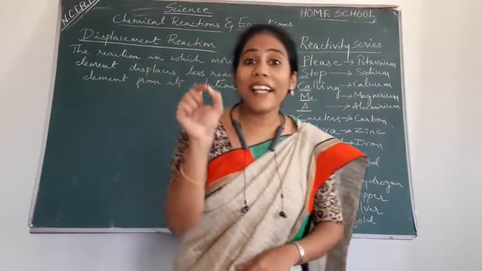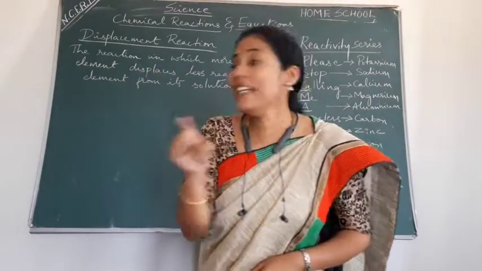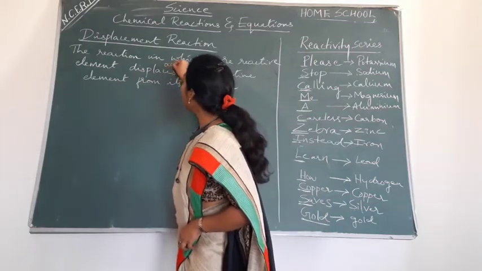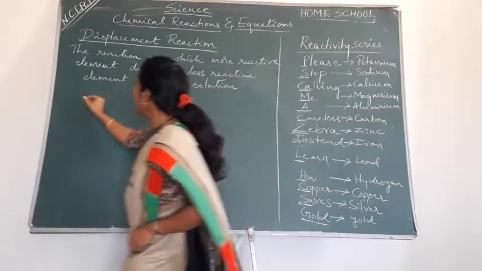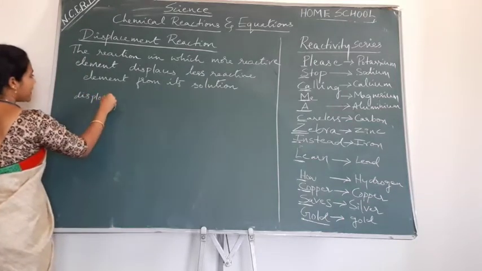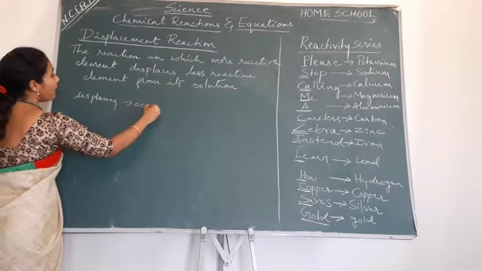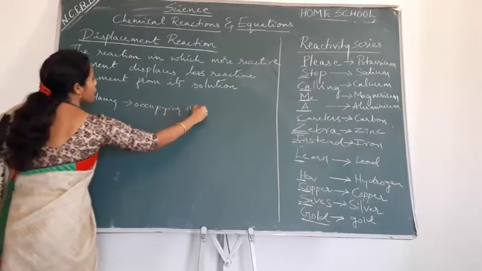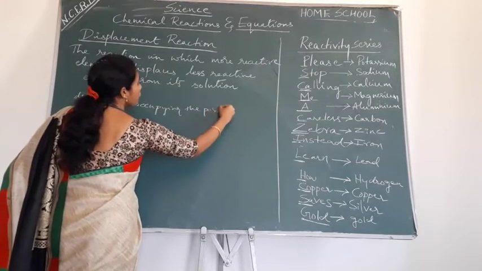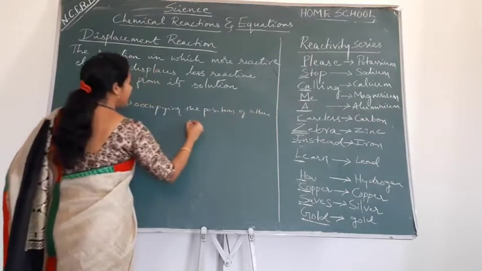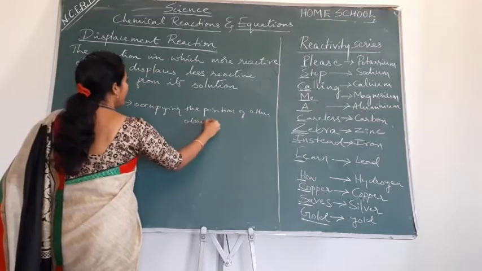A more reactive element will displace, in the sense occupying the position of the other element. What do you mean by displacing? Displacing in the sense occupying the position of the other element.